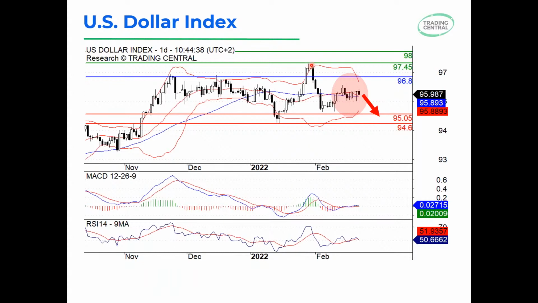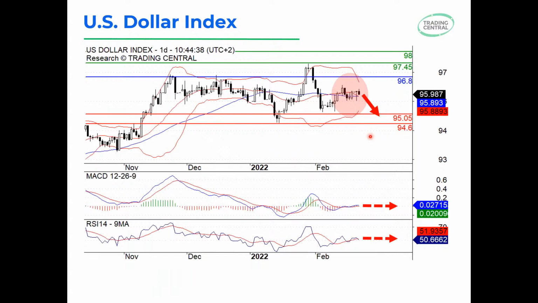But at the end of January, it turned to the downside, and up till now, it has not regained the last high around 97.45. This is the US dollar index. We are seeing that the 20-day moving average is about to cross below the 50-day one, and the momentum indicators are weak.